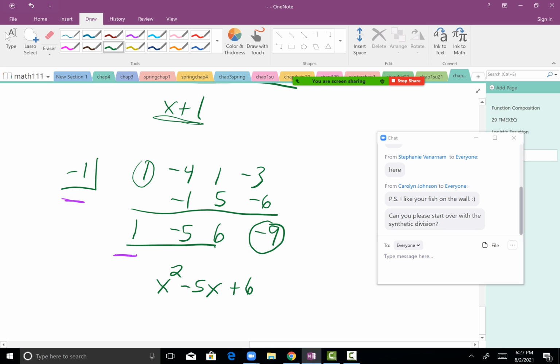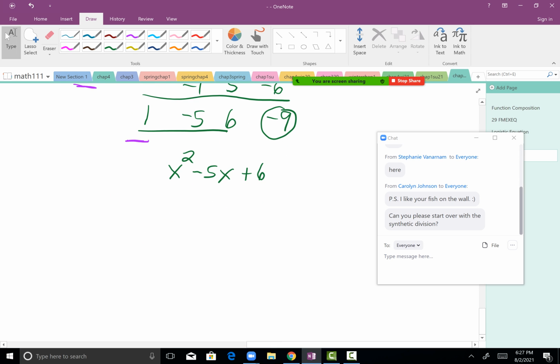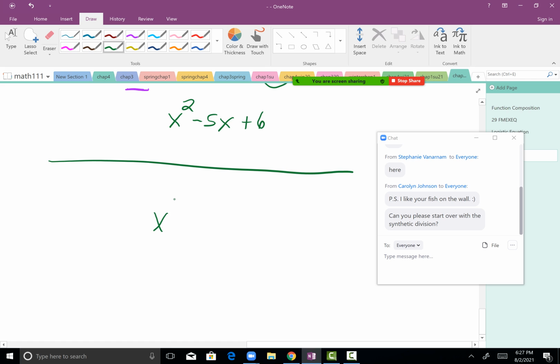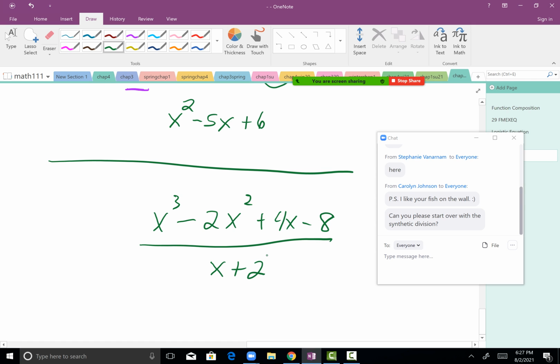All right, so let's try another one with synthetic division. Okay, so let's say we have x cubed minus 2x squared plus 4x minus 8. And let's say that we want to divide that by x plus 2.